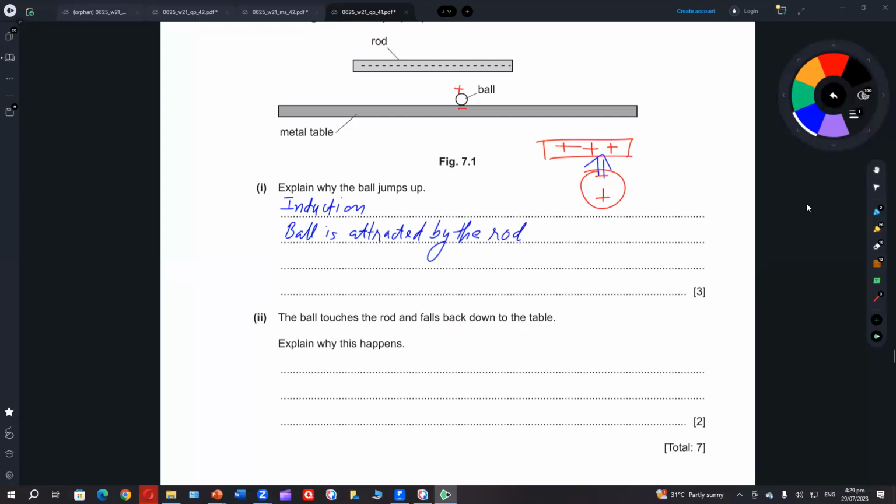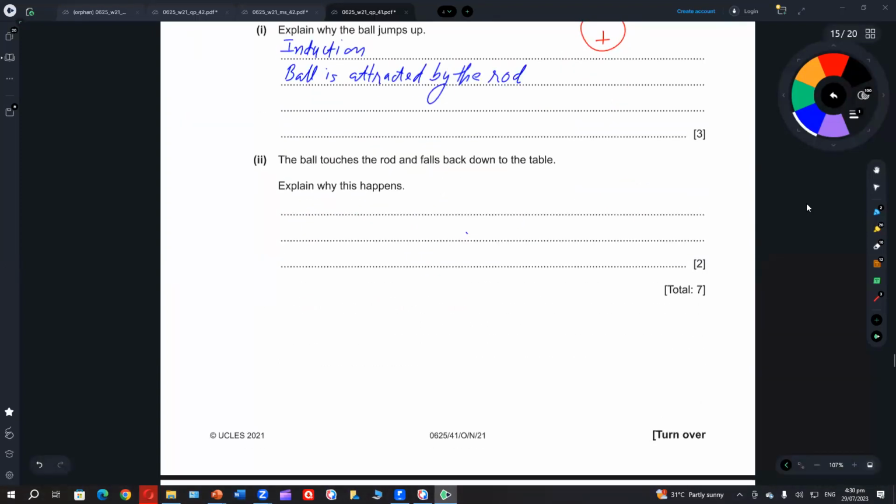Can you recall for me what is electrostatic induction? This is where I want you to remember that you have to revise and learn the chapter thoroughly. Then you can do past papers easily. When a positive or negative rod is brought close to a neutral substance, there will be a distribution of charge.